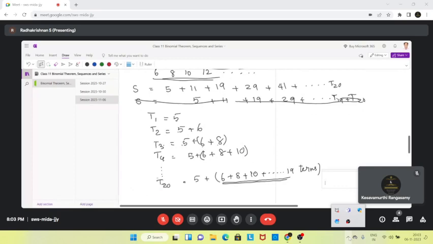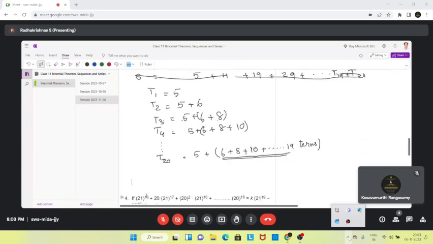So Tn is 5 plus, this arithmetic series up to n minus 1 terms.